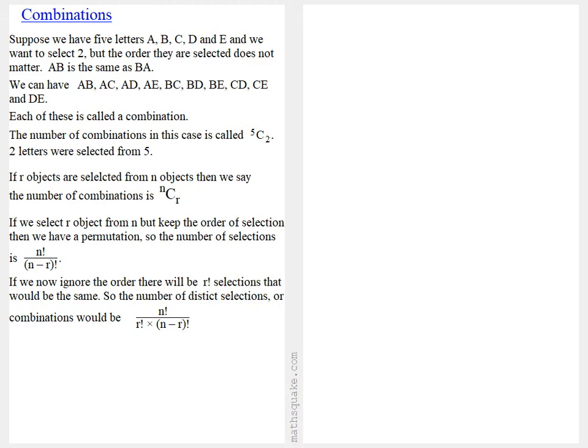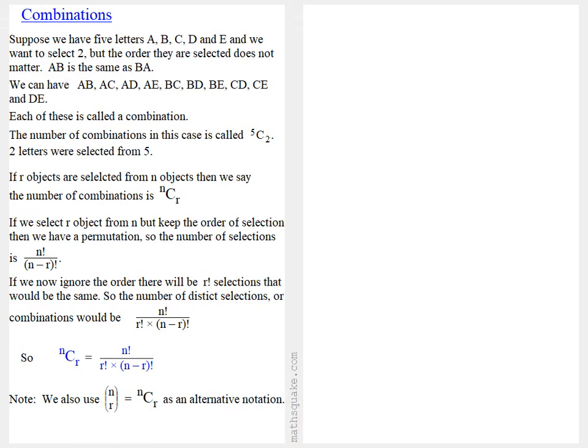If we now ignore the order, there'll be r factorial selections that would be the same. So the number of distinct selections or combinations would be n factorial over r factorial times n minus r factorial. So we have the formula nCr is equal to n factorial over r factorial times n minus r factorial.